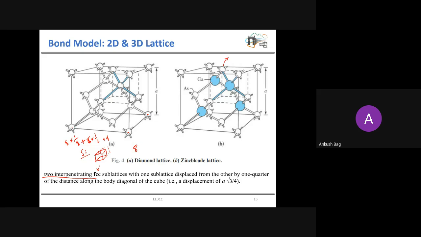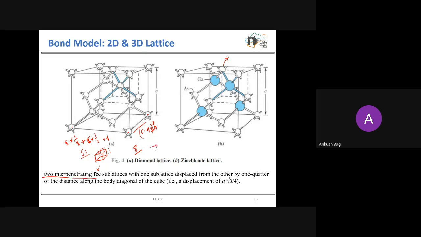Now, how do you calculate the volume of this cube? You need to know the lattice constant or the atomic distance. The atomic distance of silicon is 5.43 angstrom. So if you take this 5.43 angstrom cube, you will get the overall volume of the cube, and in this volume you have 8 atoms.